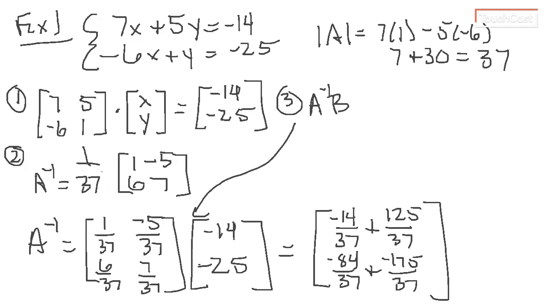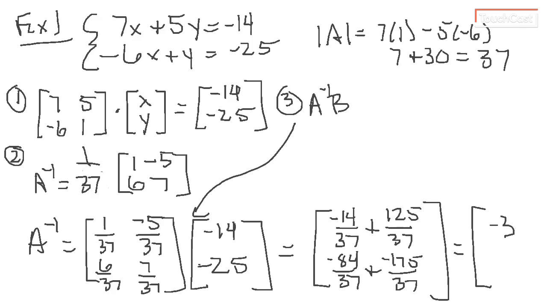And now I can actually add them. So negative 14 plus 125 is going to give me 111, and if I divide that by 37, that's going to give me 3.